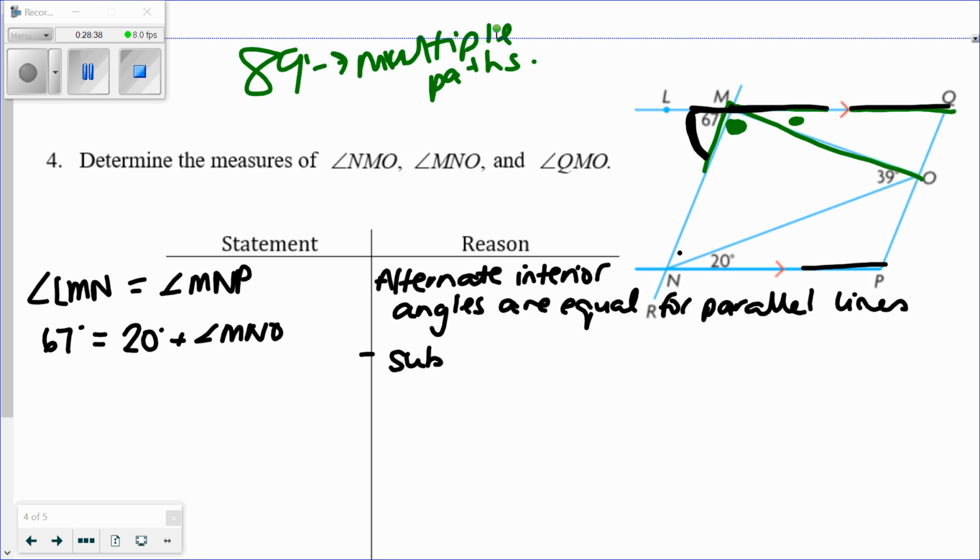So we know that this whole angle needs to be equal to 67 degrees, but we've already accounted for 20 degrees right here. If I rearrange that, subtracting 20 from both sides, I get 47 degrees is equal to angle MNO.